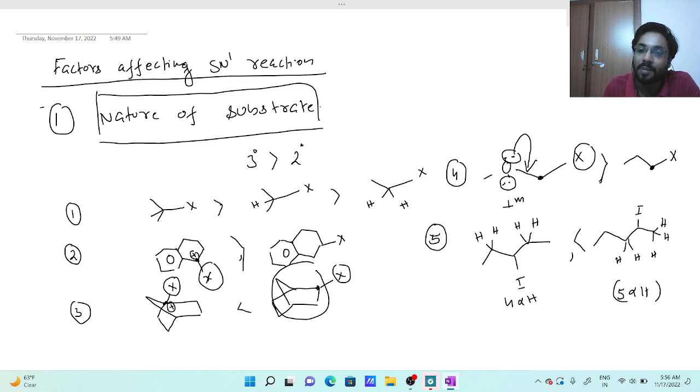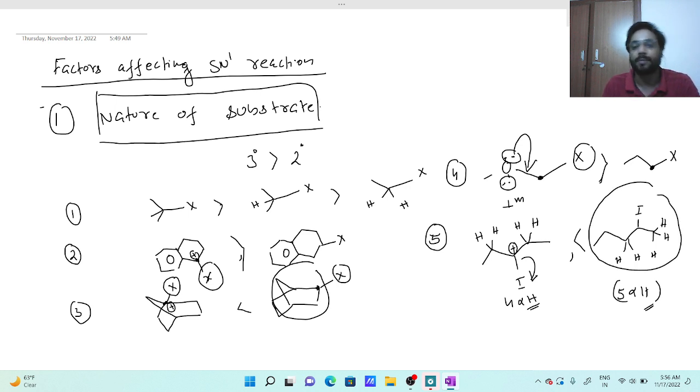I am talking about the alpha hydrogens just after the removal of the leaving group. Positive charge would be generated over here, and then we can count the alpha H, which is 4 in this case, and 5 in this case. Hence this alkyl halide is more favorable towards the Sn1 reaction.